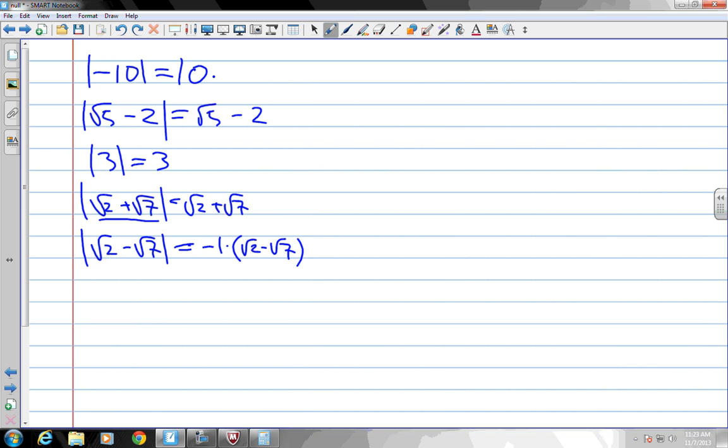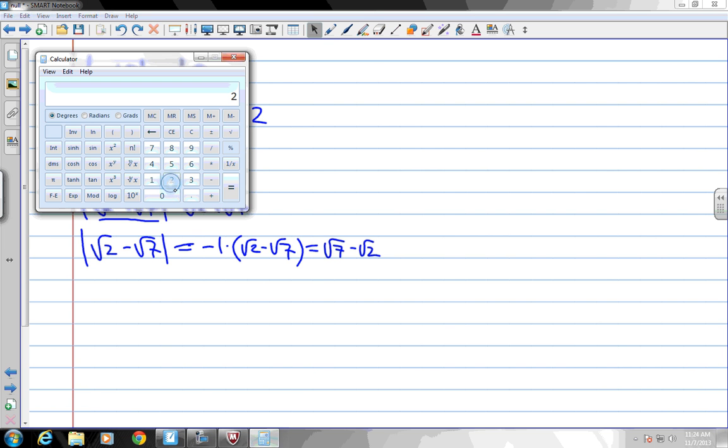Now I can actually do something here. I can go all the way back to us messing with rational expressions. This is the same as just flipping that expression as square root of 7 minus square root of 2. Remember when we were flipping, that was giving us a negative? So that's the same thing. Let me show you this on the calculator.